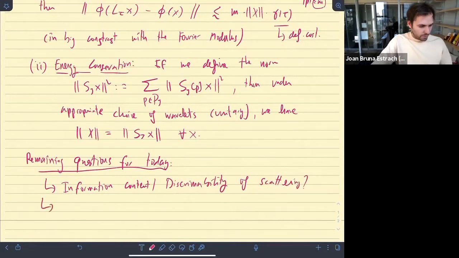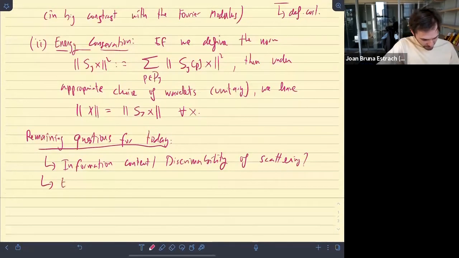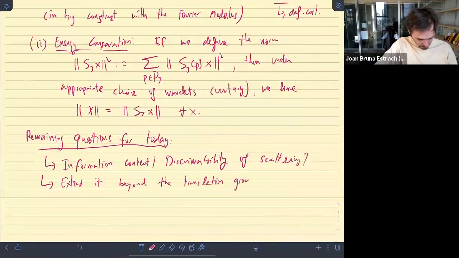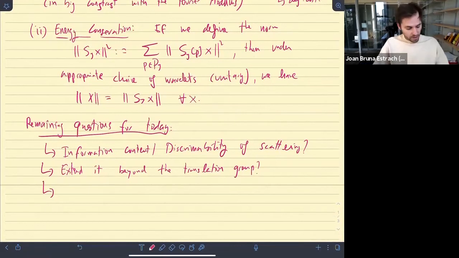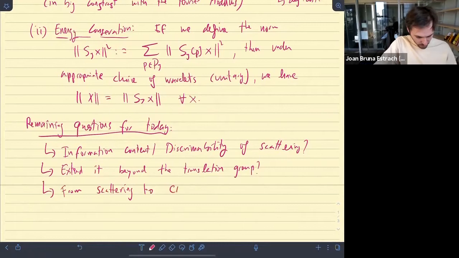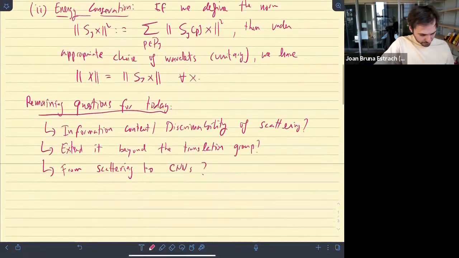Other questions that we are going to describe today are how we can extend it beyond the translation group. And also, of course, whether there is a natural bridge from the scattering transform to things that are more familiar to you, the CNNs, convolutional networks. Okay?